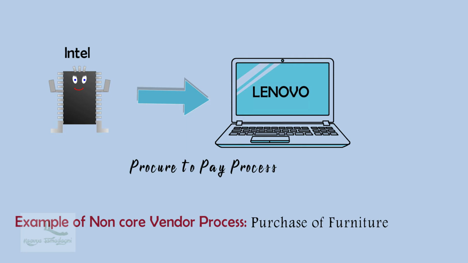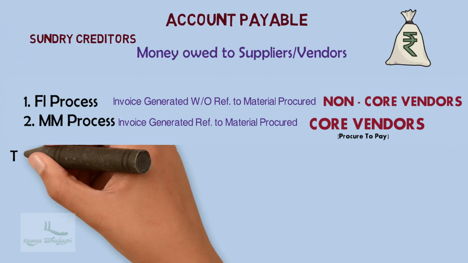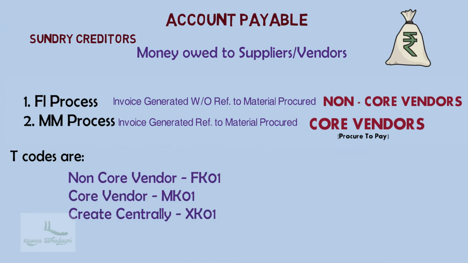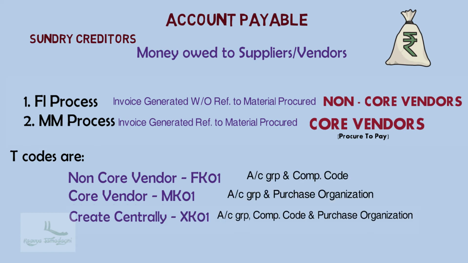Clear? Good. In SAP, based on the type of vendor, whether FI or MM, the vendor creation process changes. For FI vendors, that is non-core vendors, we use the T code FK01. And for creating the core vendors, we use the T code MK01.